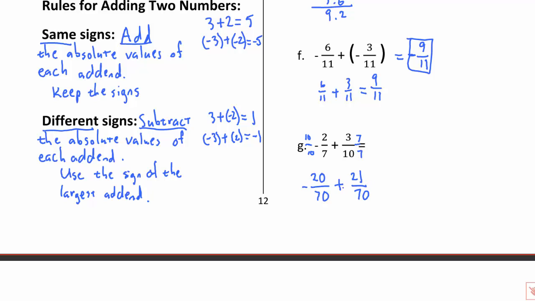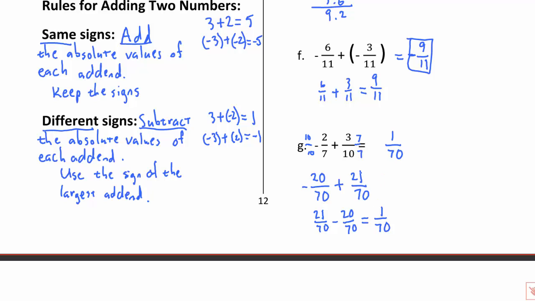And again, we're going to subtract here, so we're just going to put the largest, 21 over 70, minus the smallest, 20 over 70. So 21 minus 20 is 1, and you just keep the denominator. So this is going to become 1 over 70.